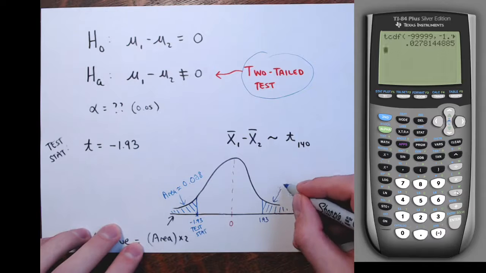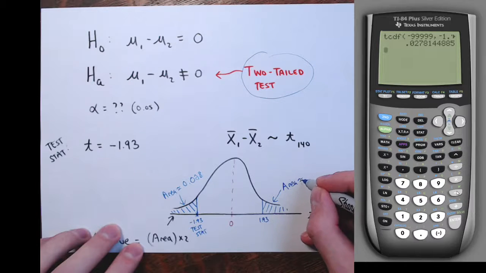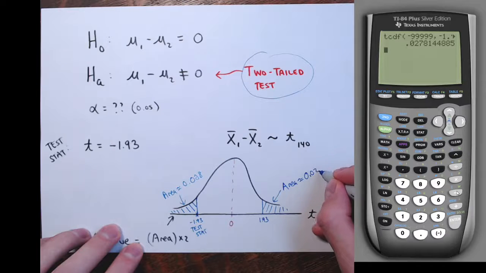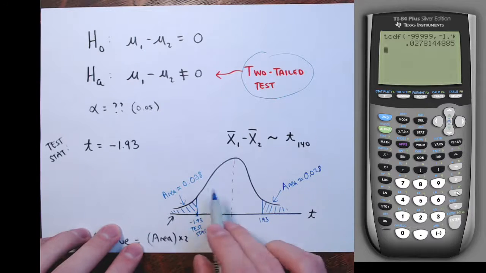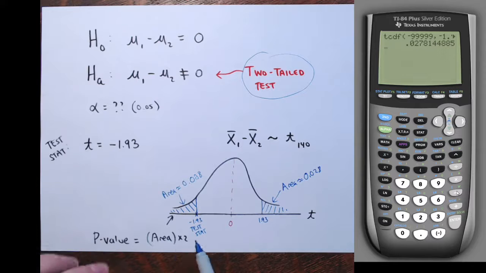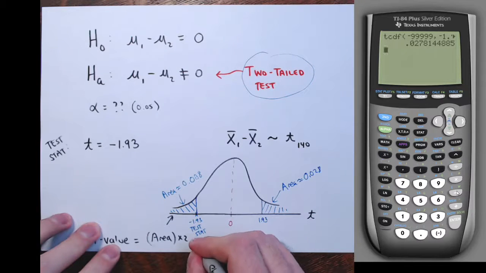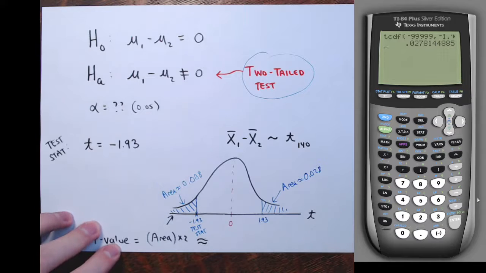So that means this area is as well, to the right of positive 1.93. So then put them together, or just double one of these areas, and you're getting the p-value. All right, so I'm just going to go times 2 in my calculator.